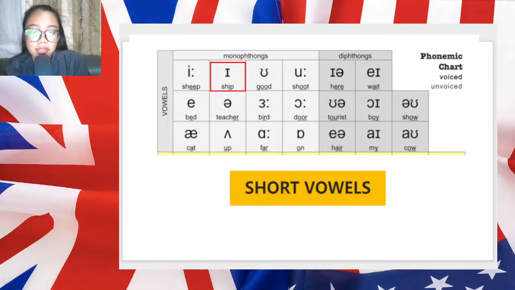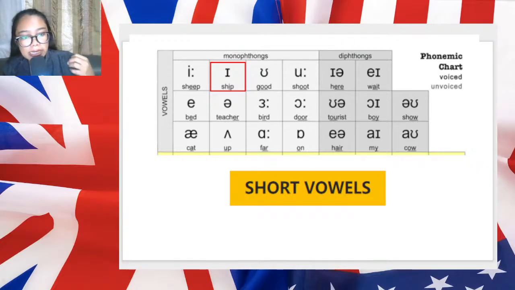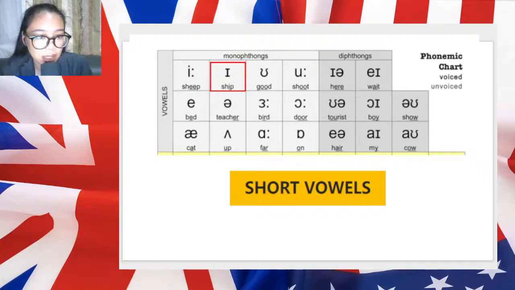Let's start with the mouth position. You keep your mouth fairly relaxed, slightly open, something like this. I'm going to be visualizing how to really say it after I explain everything. For the tongue position, note the middle part of your tongue is slightly raised. Very slight.